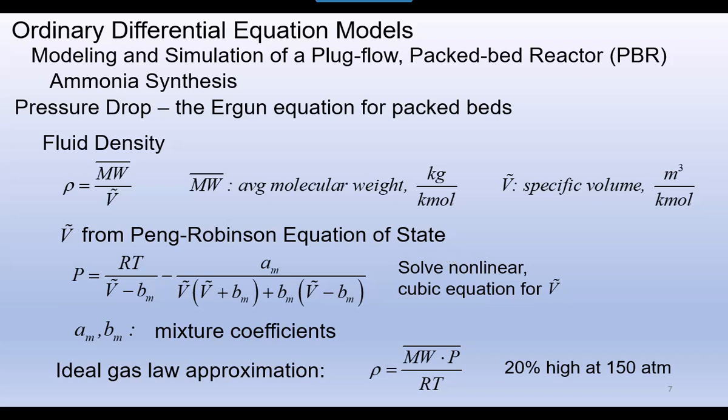And the Peng-Robinson equation of state in terms of specific volume is given here. It's a cubic equation of state for specific volume, so it has to be solved. And A and B here are mixture coefficients, all right, given the composition that we have.